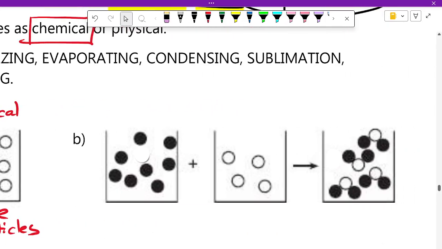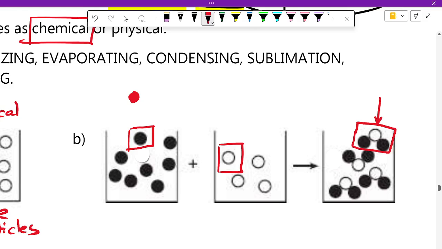You're going to take a look at this one and say, I started with little black circles and little white circles, and I finished with these Mickey Mouse-like particles, where now the white particles are attached to black particles. Do we have new particles here? We started with this and that, and we finished with that.